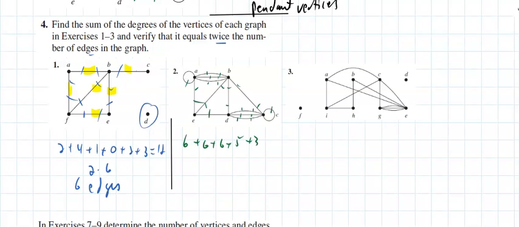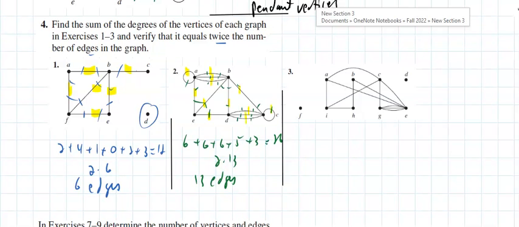And 3 for E. That turns out to be, what is that, 18, 21, 26. That's 2 times 13. We should have 13 edges. And if you count those, 1, 2, 3, 4, 5, 6, 7, 8, 9, 10, 11, 12, 13. There you go. So we're going to use this later on.